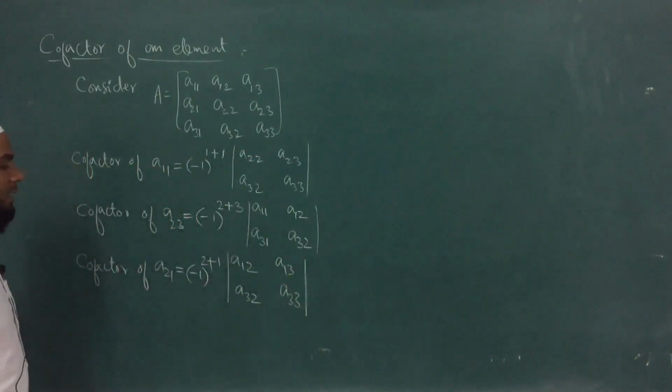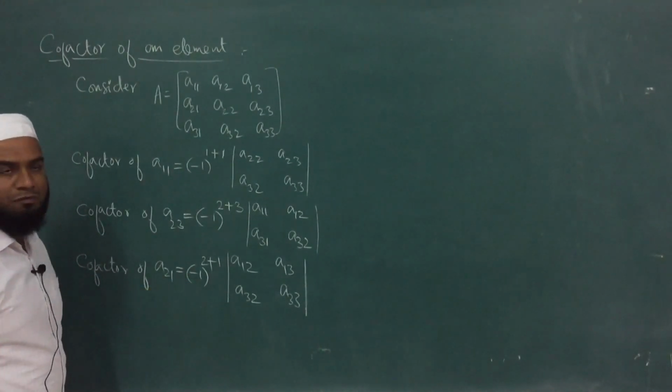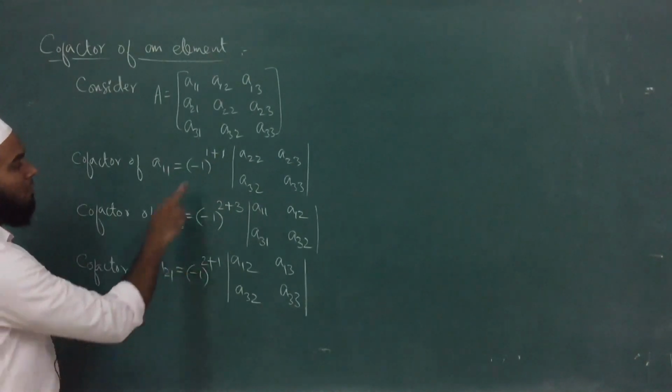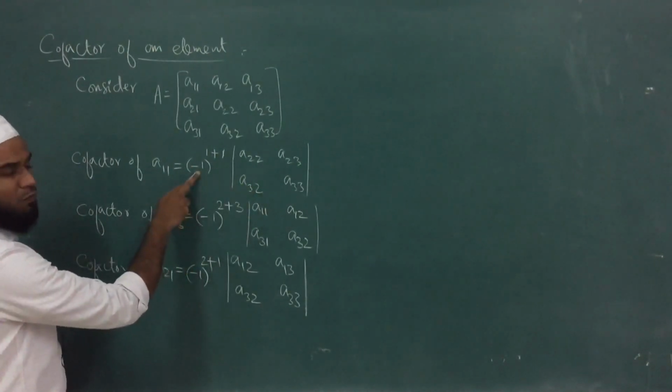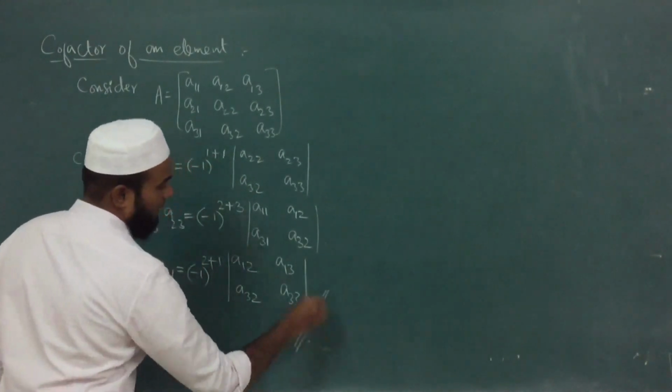This is the required matrix for the cofactor of A21. Similarly, we can find cofactors for all the entries. We just have to multiply the minor with minus 1 power row number plus column number, then we will get the cofactors.